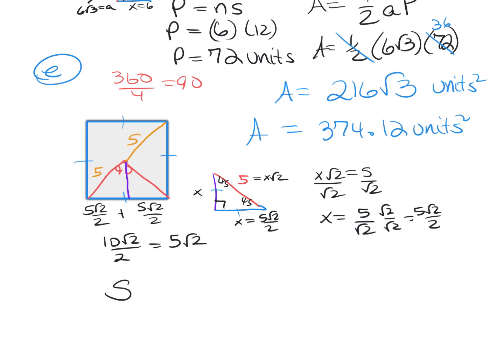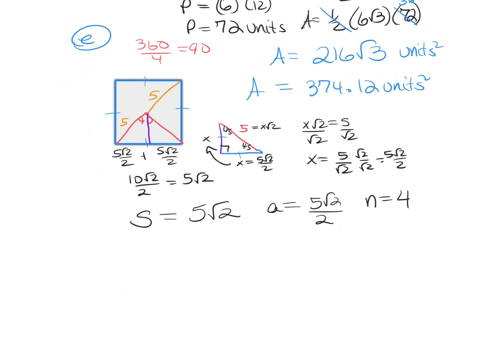So my side length of my square is 5 square root 2. My apothem is going to be the x value, and it's the 5 square root 2 over 2. Because remember, this x and this x are the same. And then the number of sides is 4.